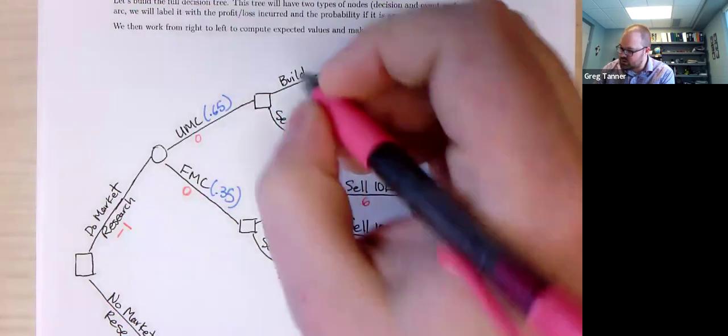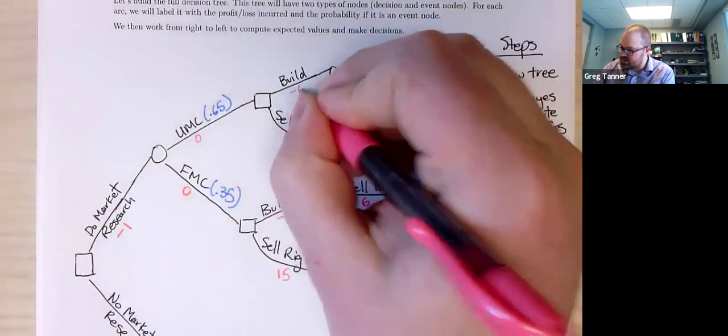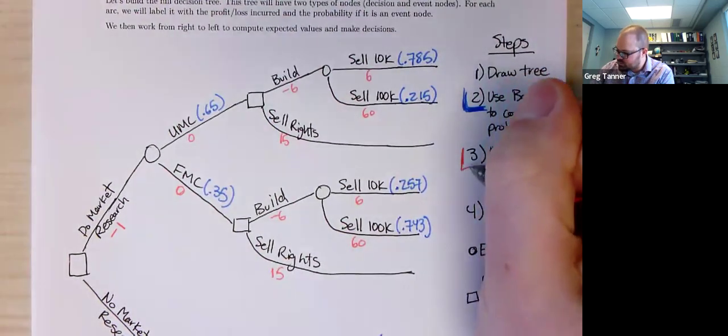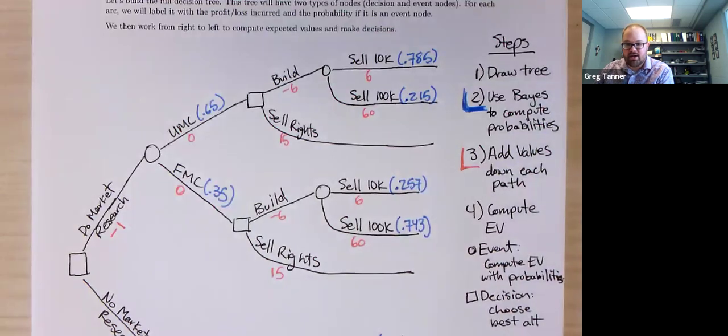And then build is going to be minus 6. Okay. So that's step 2. Or no, step 3, sorry. That's part of step 3. That's putting the values on the tree.